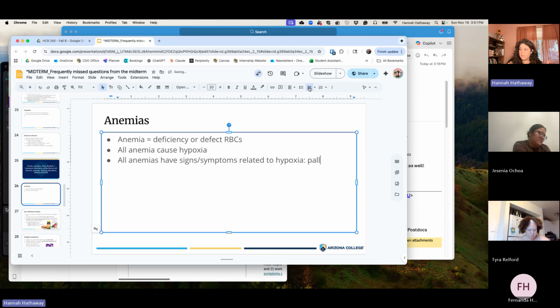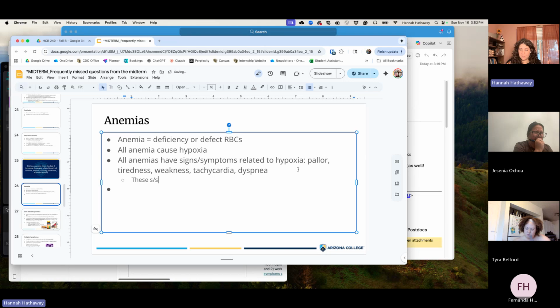Those are things like pallor, tiredness, weakness, fatigue. Those are the same words. Tachycardia, fast heart rate, dyspnea, shortness of breath. All of these similar signs and symptoms are not very helpful for distinguishing different types of anemias because they're the same for all anemias.